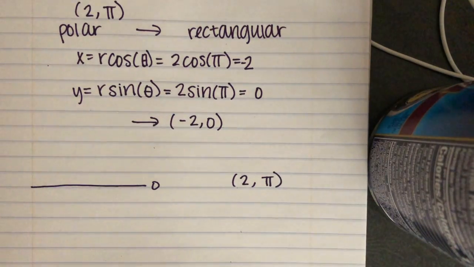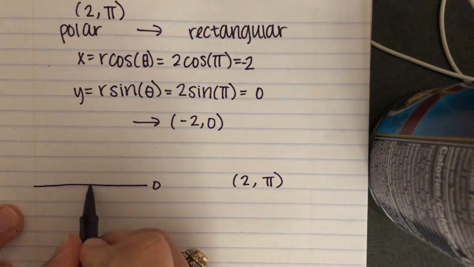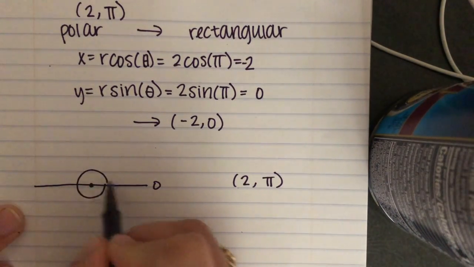Lastly, we need to talk about how to graph these polar coordinates. So it is slightly different than the rectangular form that you know, but it has a lot to do with the unit circle. So you start at the center, and we know that our magnitude is 2, so I'm going to draw 2 circles.